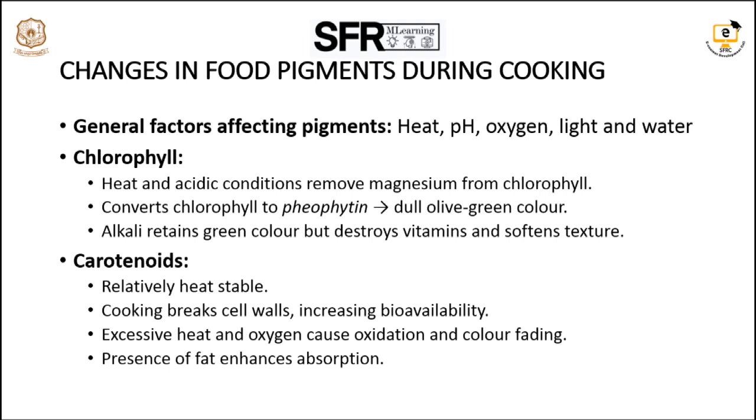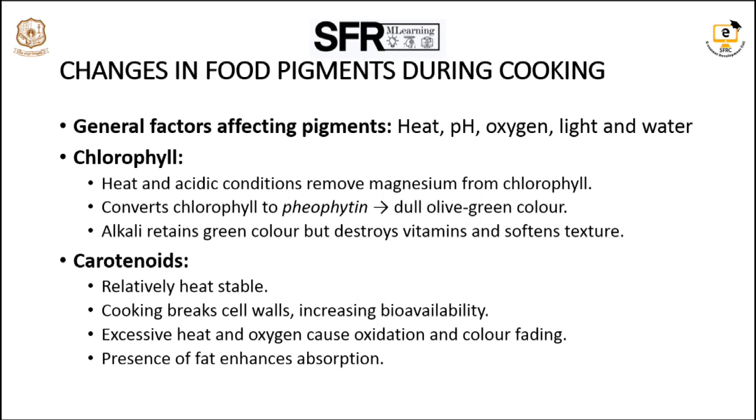So carotenoids are very heat stable. Mostly these fat-soluble pigments are very heat stable, because water-soluble pigments will leach out, while fat-soluble ones won't leach out in the water. So these are mainly stable. During cooking, it breaks the cell walls and increases the bioavailability. So cooking of carotenoids increases the utilization in the human body.